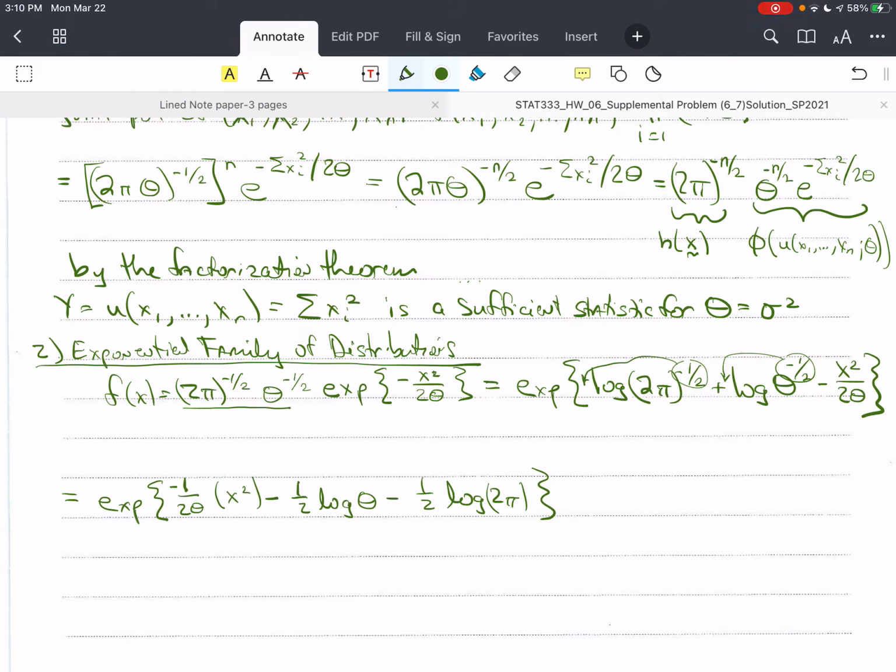And now that I have it in this form, this is k of x, this is p of theta, this is q of theta, and this is s of x. And again, this can be negative 1/2 log 2 pi times x1 to the 0, x2 to the 0, up to xn to the 0, and all of these are 1.